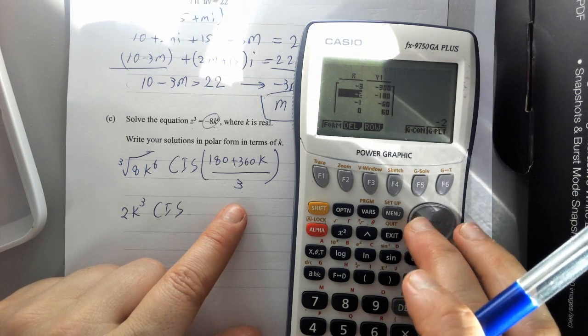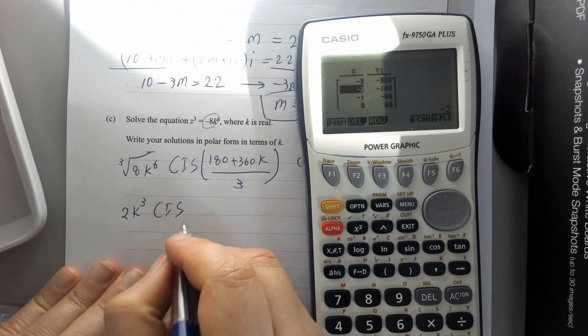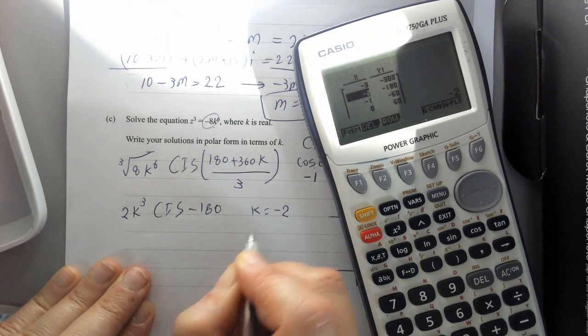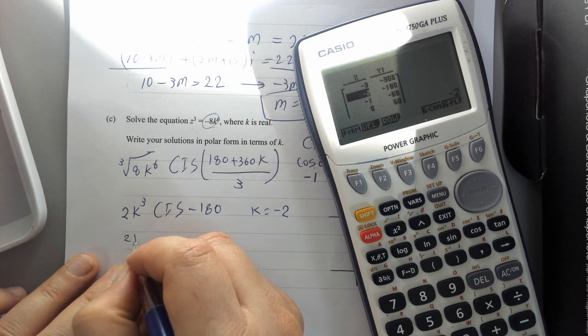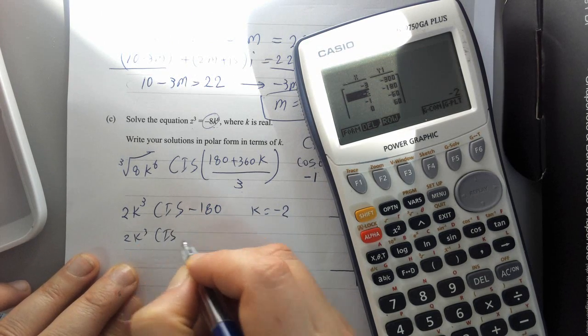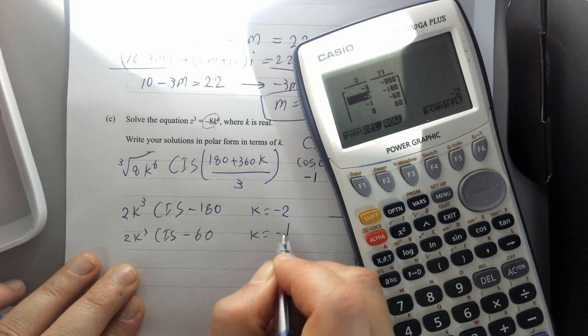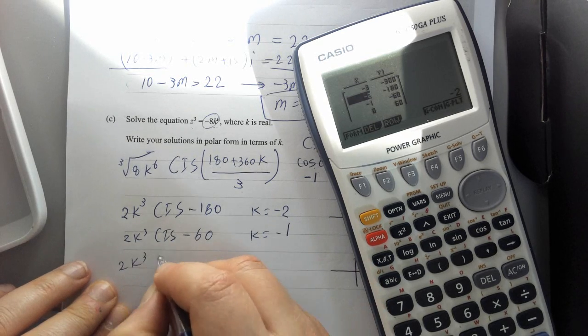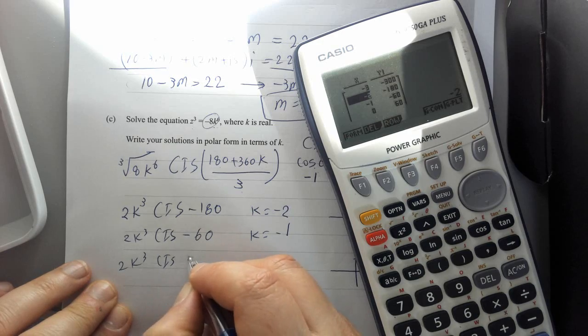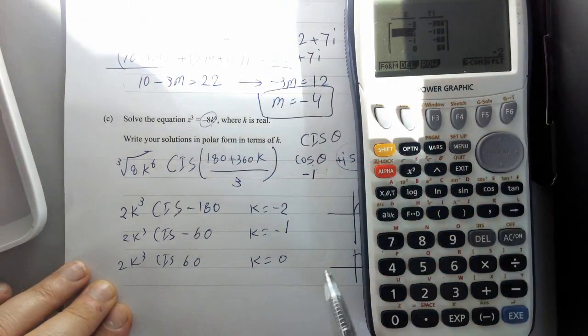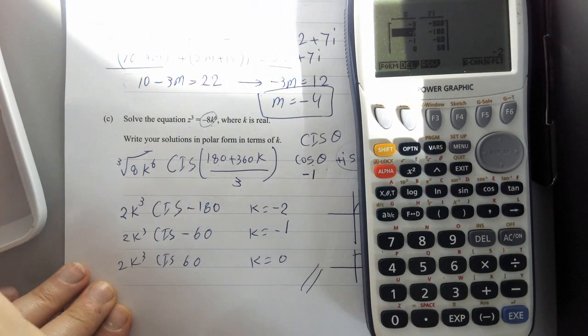So the first value is -180 when k is equal to -2. The second solution is -60 when k is -1, and my third solution is 60 when k is 0, and that's my 3 different solutions.